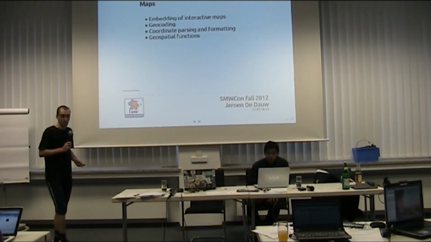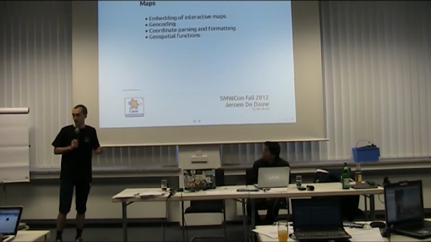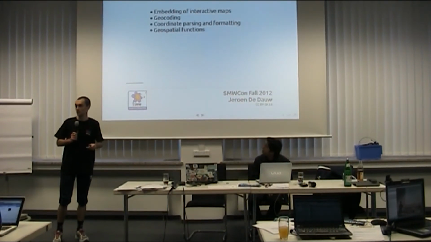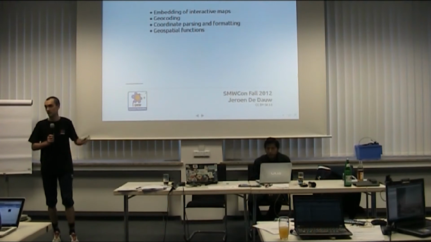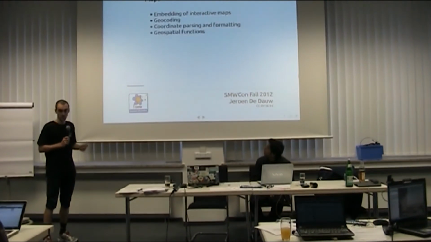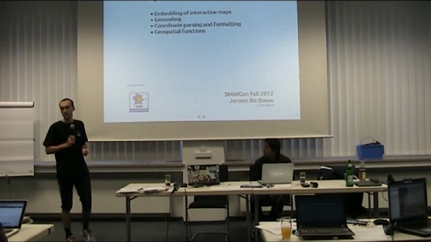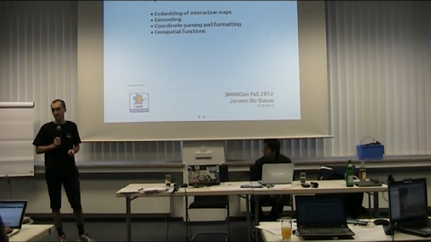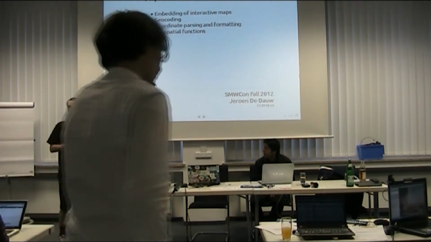It also supports coordinate parsing and formatting, so you can feed it coordinates in some notation, for instance, degrees, minutes, seconds, and get them back in some other notation. And then the last point is that it supports geospatial functions, such as calculating the distance between a number of points, or calculating a destination, given a starting point, a direction, and a distance.